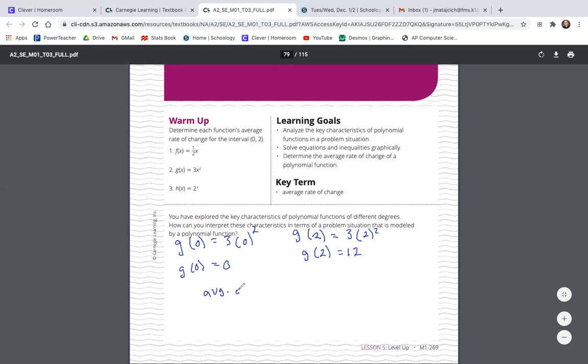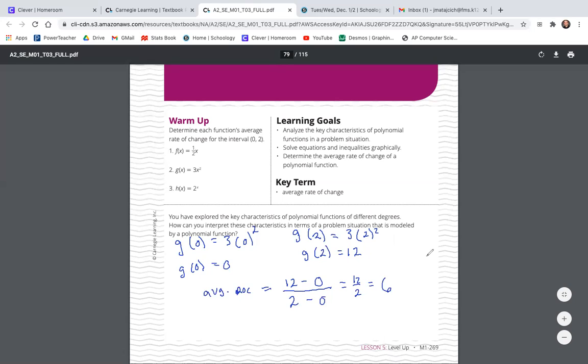Average rate of change is equal to the second output value minus the first output value, and then those get divided by the things that I was plugging in. So 2 minus 0. 12 minus 0 for 12, 2 minus 0 for 2, and we get an average rate of change of 6.